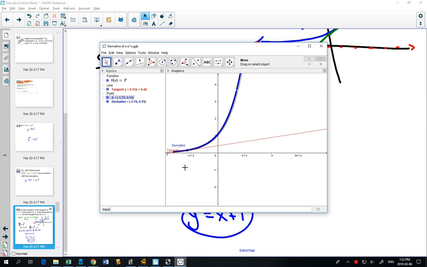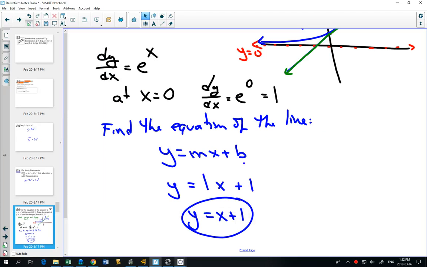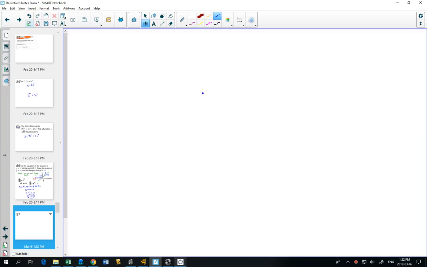So the next question we have right now is, if I had y equals 3 to the x, how do I write my derivative?